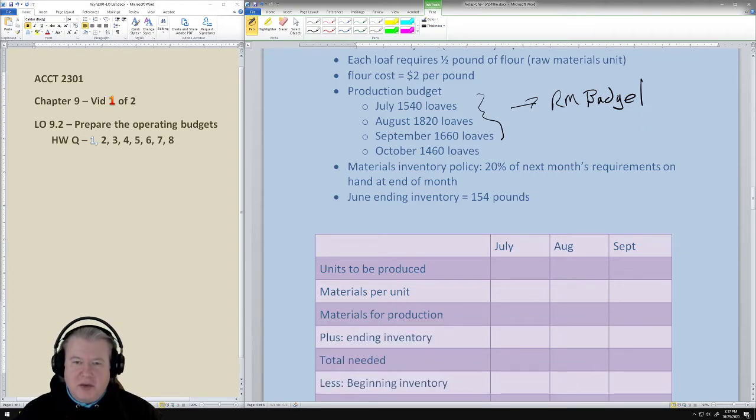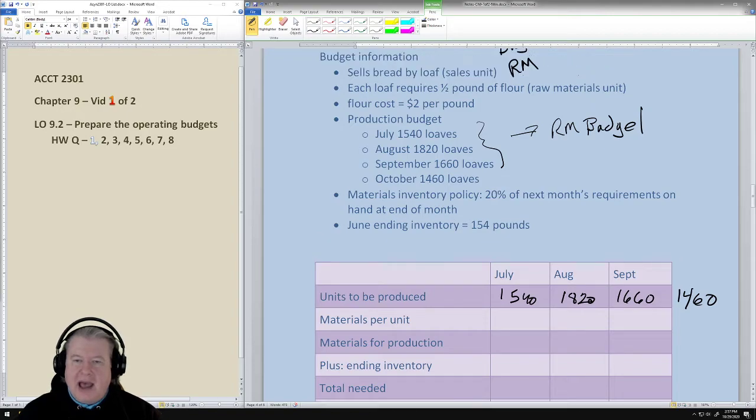So units to be produced. We've got 1540, we've got 1820, 1660, and just like last time, you need to have 1460. You need to figure out some information about this one as well. How many materials per unit? Well, it's flour, and it's a half a pound per loaf of bread.